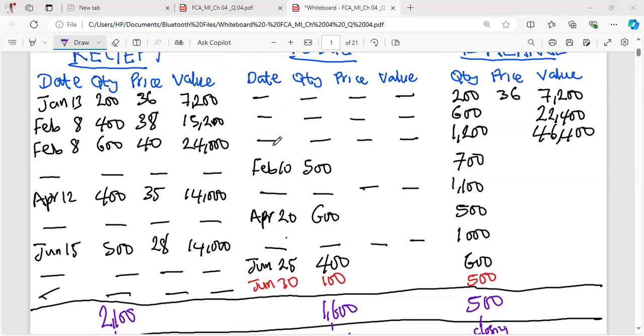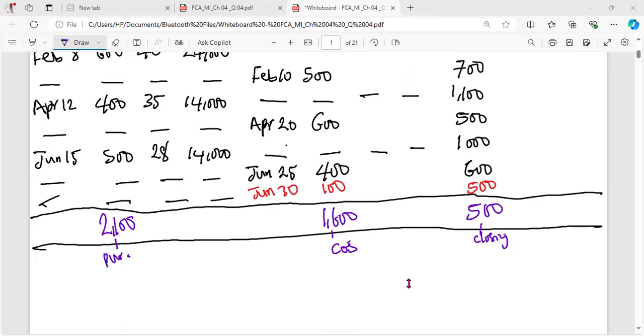So we have 7,200 plus 15,200 plus 24,000 plus 14,000 plus another 14,000. That gives us 74,400. Our total purchase is 74,400.